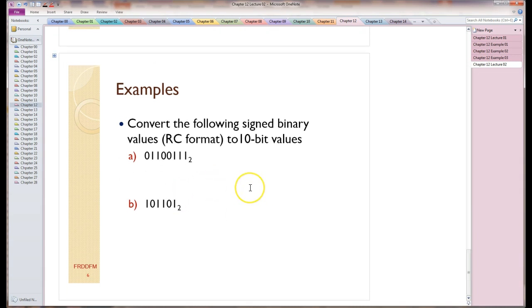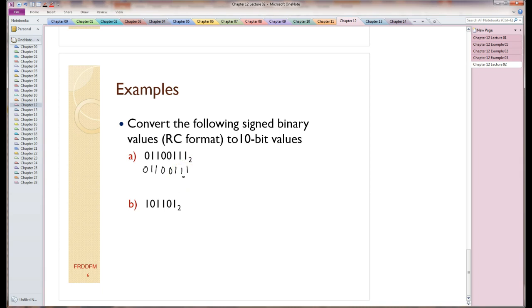Not a big deal. But now we get to signed numbers, particularly radix complement format, 2's complement format. I need to adjust the width of it, and so these examples are examples of taking these numbers and extending the width from whatever number of bits they have to 10 bits. So this one's 8 bits, and there's the 8 bits repeated there.